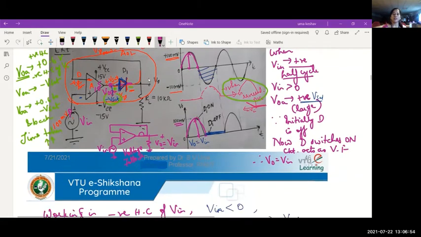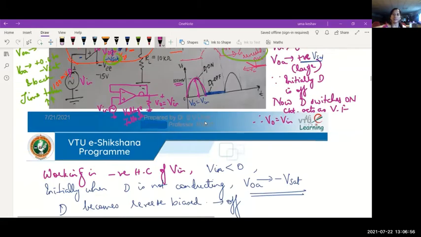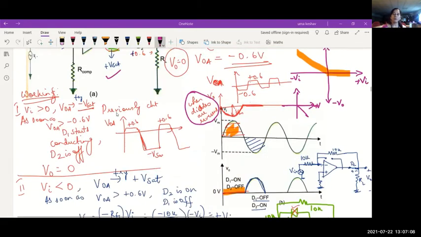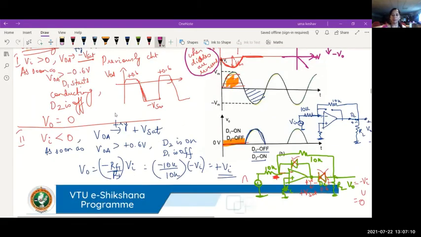So that condition is satisfied in this precision rectifier. But coming to this one, since we are using an inverting amplifier, the input resistance will be equal to R1. It won't be very high. Anyway, output impedance will still be low.